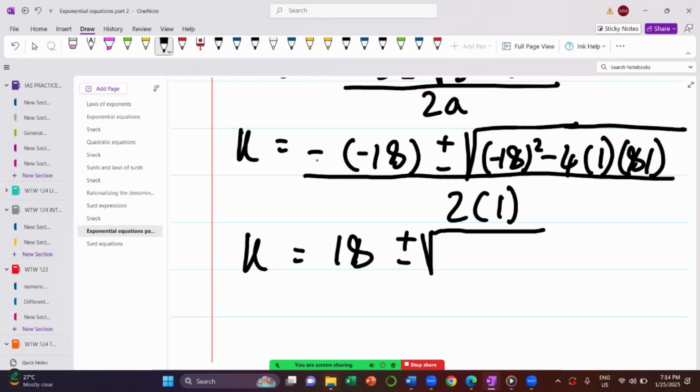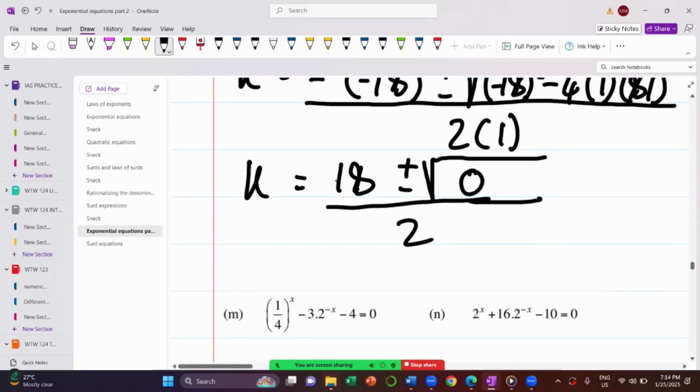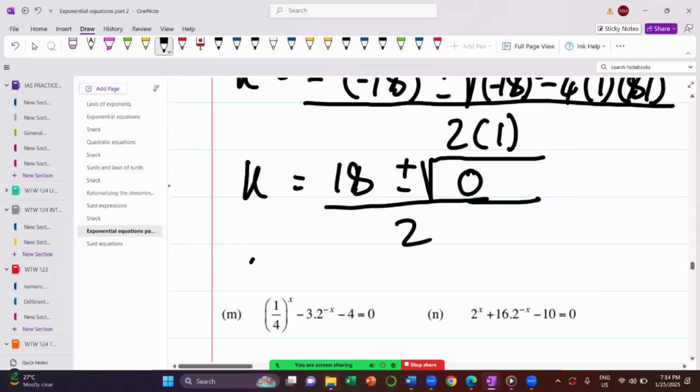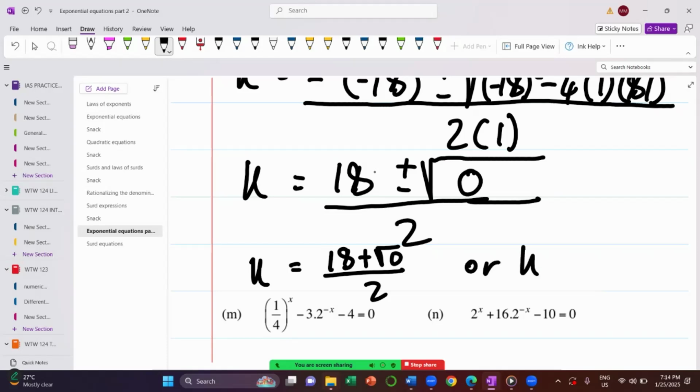I'm getting 0. You guys all get 0, right? So put 0 all over 2, right? So check, your solutions are going to be k is equal to 18 plus the square root of 0 all over 2, or k is equal to 18 minus the square root of 0 all over 2.